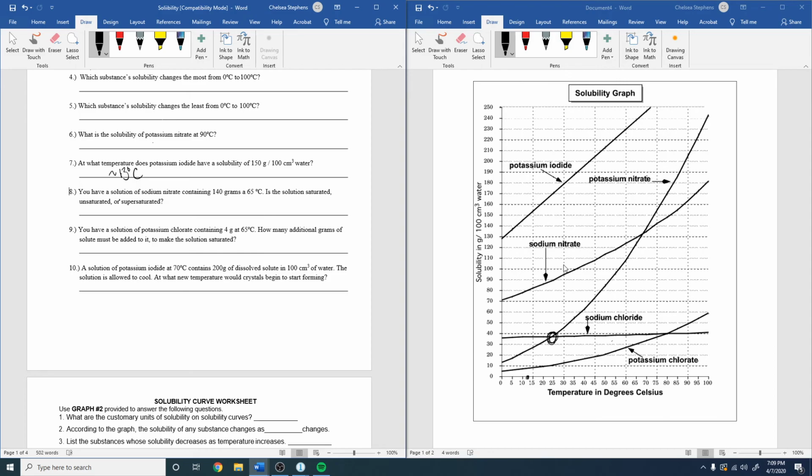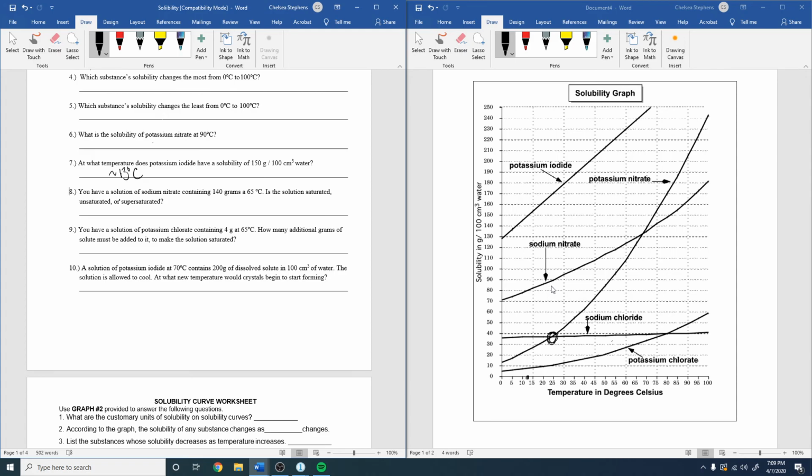So if I have 100 mils of water at 30 degrees and I dump 150 grams of sodium nitrate into it, it's going to fall out. It's going to be on the bottom of the container, like the water can't hold it. If it's above the line, it's considered supersaturated. If it's on the line, it's saturated. If it's below the line, it's unsaturated.